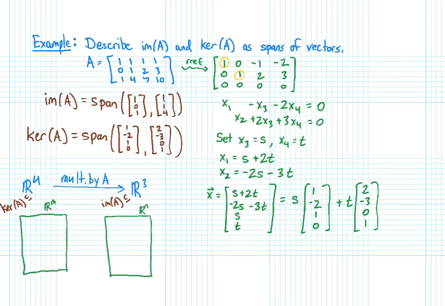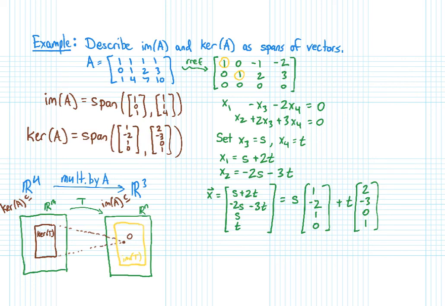There's a schematic for this that I think is helpful. It's not a literally accurate drawing of the situation, but it's accurate in the same way that a Venn diagram is accurate. If you have a linear transformation T from Rm to Rn, then the kernel of T is a subset of Rm, and it, by definition, consists of vectors which become the zero vector when you plug them into T. So the transformation T sort of collapses the entire kernel down to this single point, the zero vector.